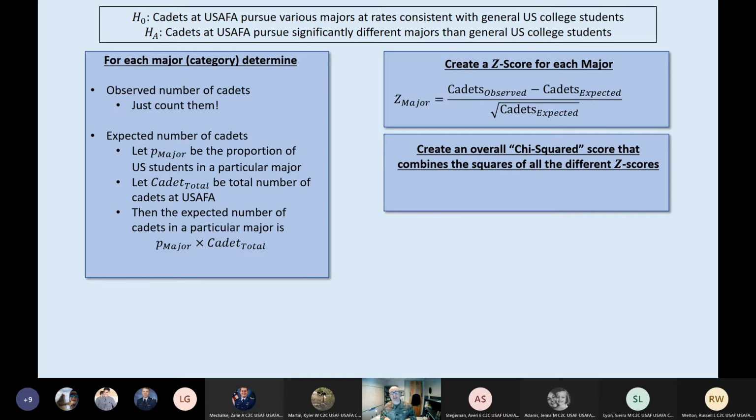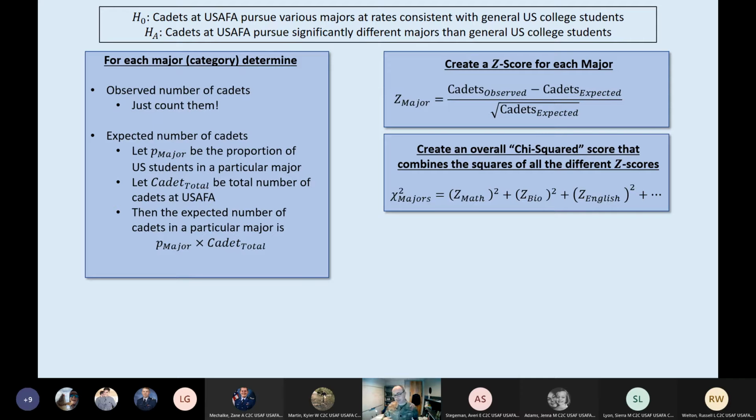But what we care about is overall, are all of our majors distributed in the same way that they are in the US. So we're going to take all of those individual z-scores for each of the categories, for each of the majors, square them, and add them all up.